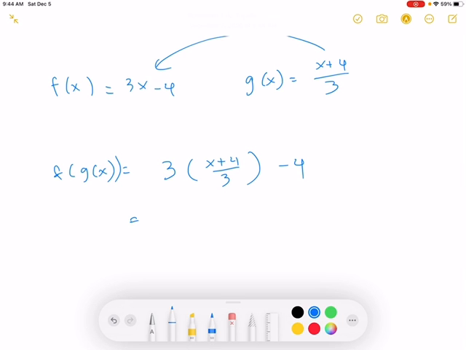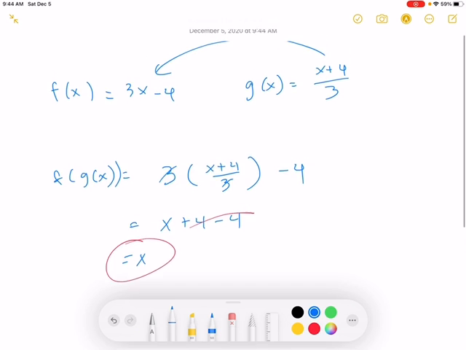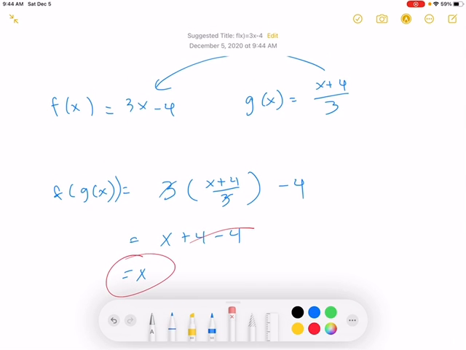We simplify, these cancel, and then the 3s cancel, and you're left with x by itself. Simple as that. Now what we need to do is the other way.